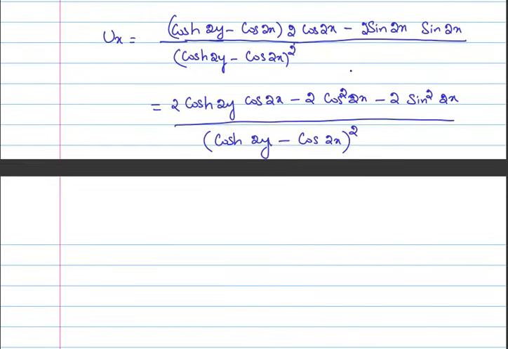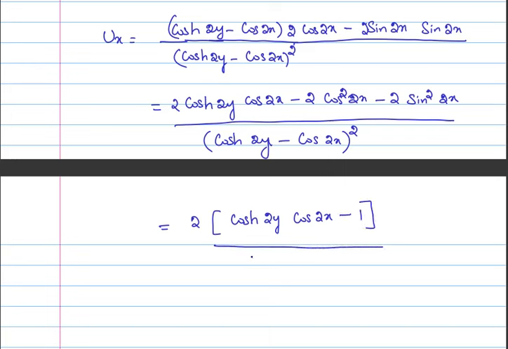Clearly cos square plus sin square is 1. So this equals 2 times (cosh 2y cos 2x minus 1), divided by (cosh 2y minus cos 2x) the whole square.